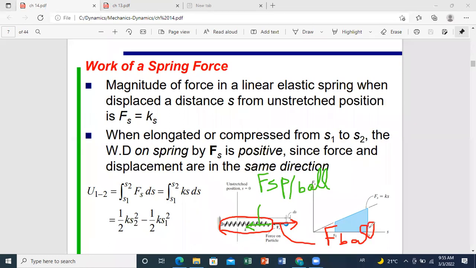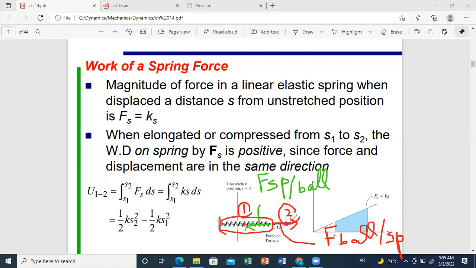Now here they are studying first the work on the spring, so the work done by the ball on the spring. To determine the work done on the spring from a position 1, any position 1, let's say I started from position 1 here and ended at position 2 here, and I want the total work from 1 to 2, then I should apply the formula, which is the integral from S1 to S2 of Fs ds.